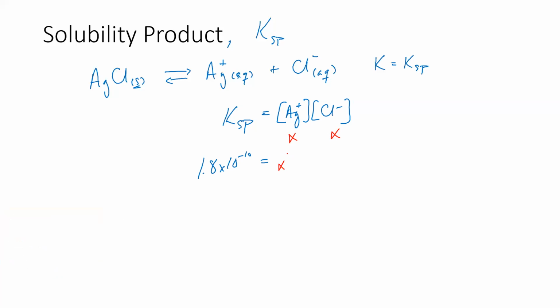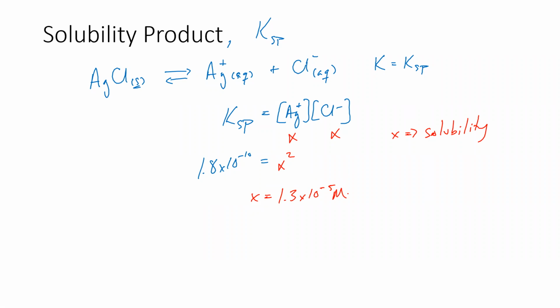And so we just end up with X squared for our solubility. And so X is the solubility. We can solve for X, the square root of 1.8 times 10 to the negative 10, which is 1.3 times 10 to the negative 5 molar.